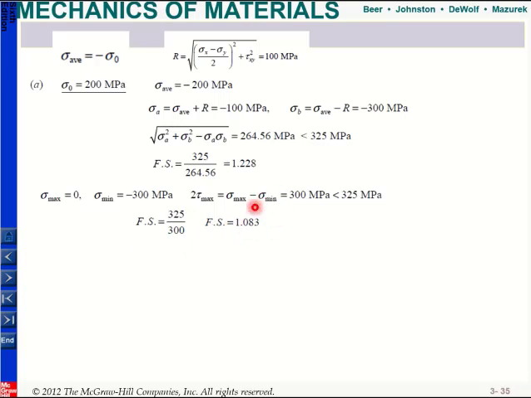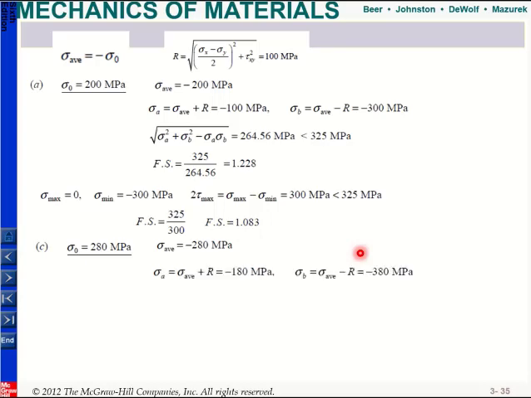Which means that this is a lower factor of safety, and if you use the maximum distortion energy theory, then it is larger. So this is a little bit more conservative. And then what we will do is we will also look at 280. If you use sigma 0 equal to 280, then you can find your average, and then you can find your sigma A and sigma B.